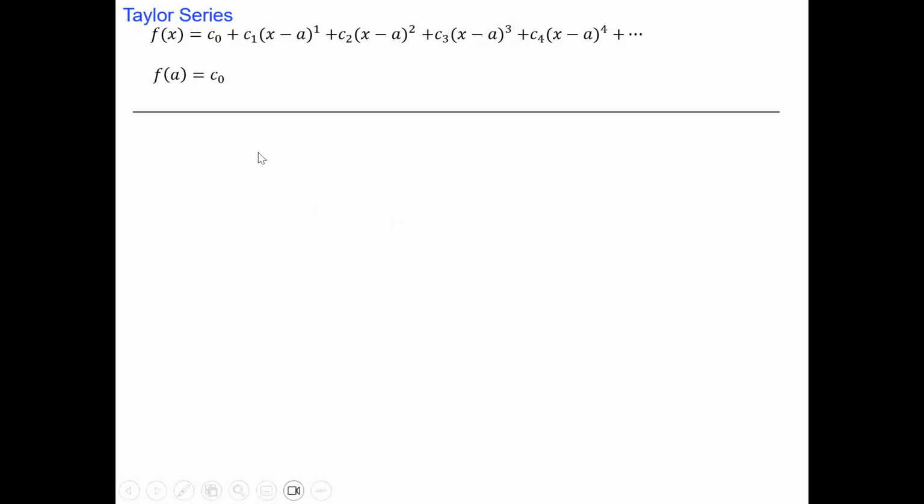Now, I will take this power series expansion and I will differentiate. Derivative of C sub 0, the constant, is 0, gone. Derivative of C sub 1 x is C sub 1. Derivative of C sub 2 x squared is 2x C sub 2.